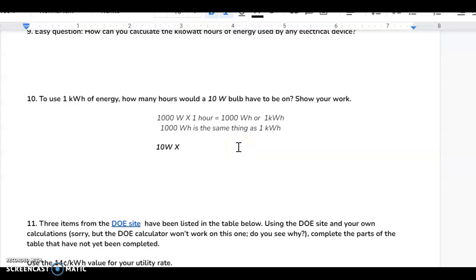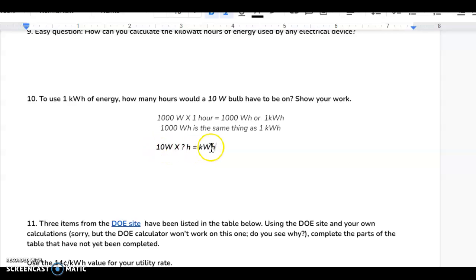It looks strange, so I'm just going to put question mark, number of hours, and equals, it says we're going to use 1 kilowatt hour of energy. So kilowatt hour. Now we want to solve for the question mark. We want to divide both sides by 10 watts, but we have different units right now. We have watts on this side.